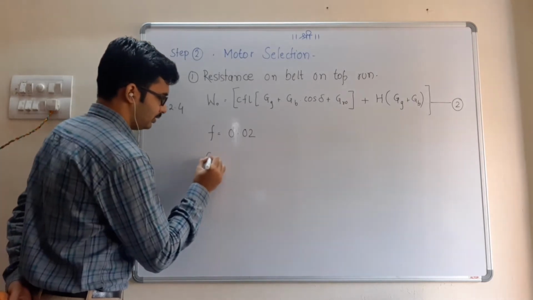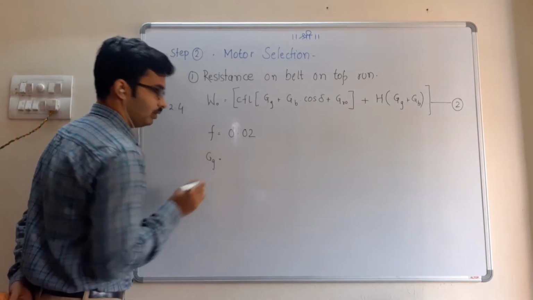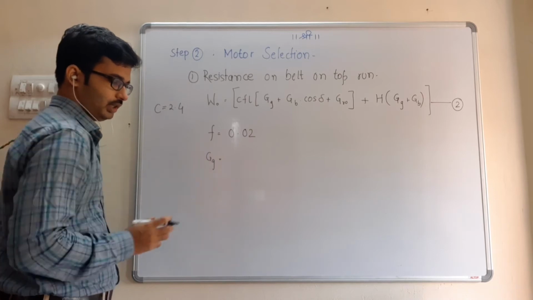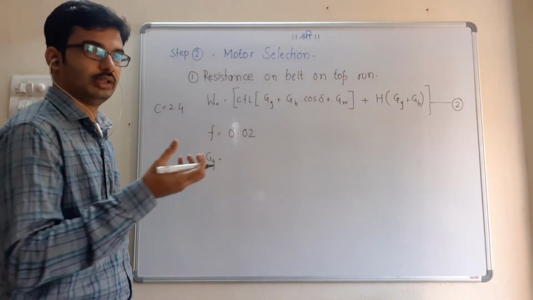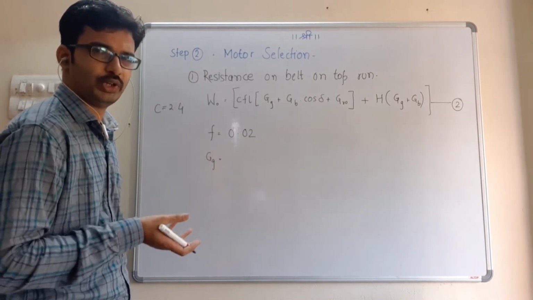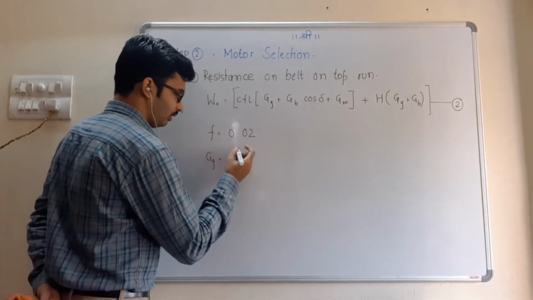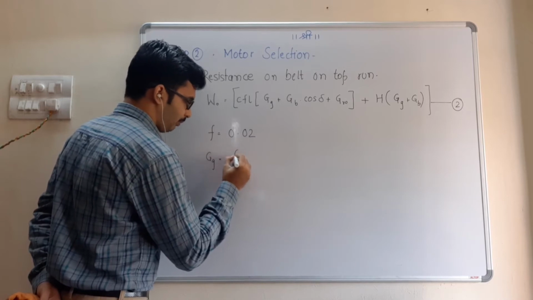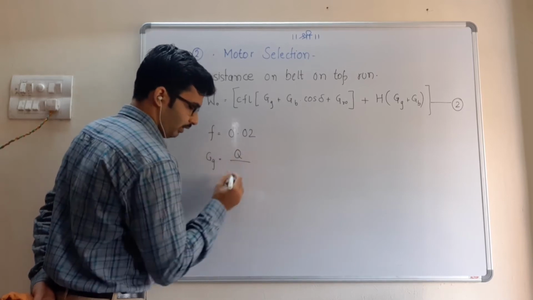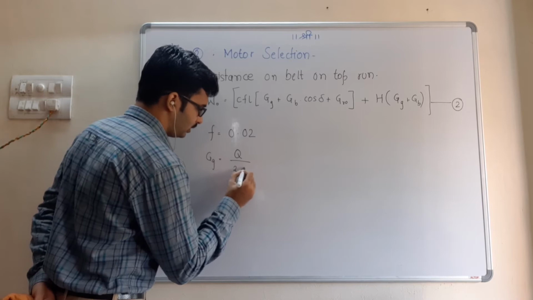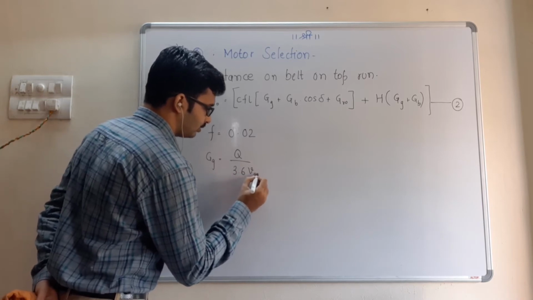Then G_G is nothing but the weight of the conveyed material. It is given on page 9.18 itself. So G_G is calculated as capital Q divided by 3.6 into the actual velocity.